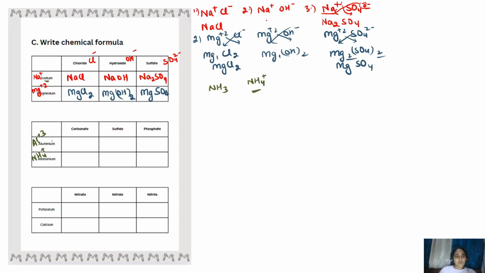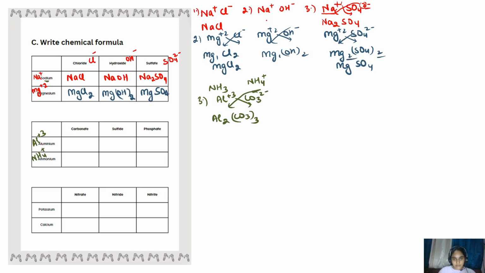Okay, so the third example is aluminium carbonate. Aluminium is Al 3 plus, carbonate is CO3 2 negative. So how to write this? 3 goes here and 2 goes here, Al2(CO3)3.